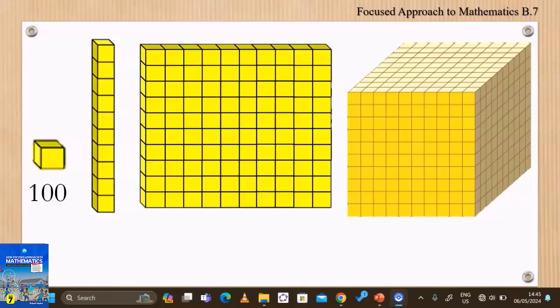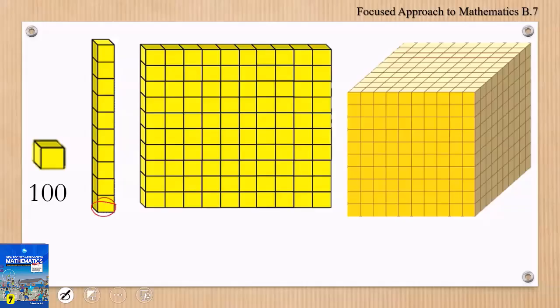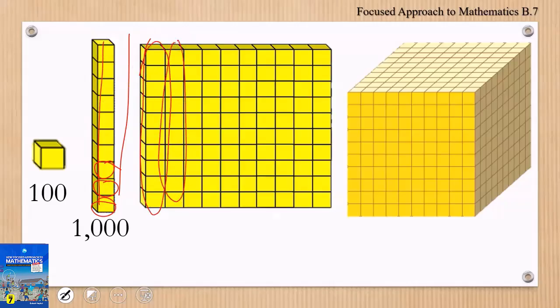And then if we have 100, 100, 100, up to 10, like this is our 100, another 100, another 100, up to 10 will give us 1,000. Now when we position this horizontally or maybe still vertical, we have another 1,000, 1,000 up to 10 also will give us 10,000.